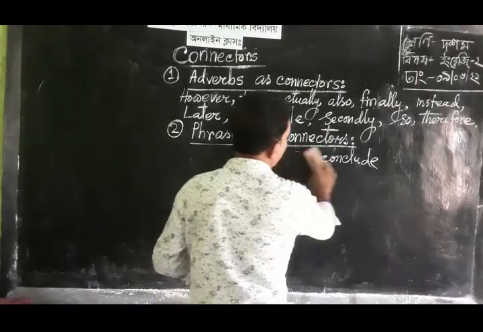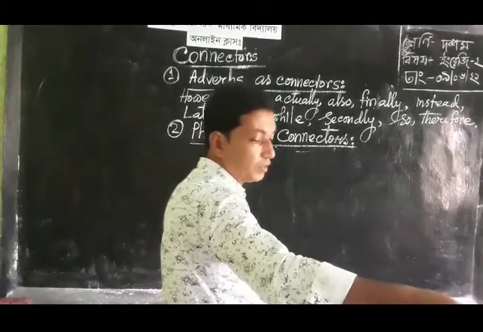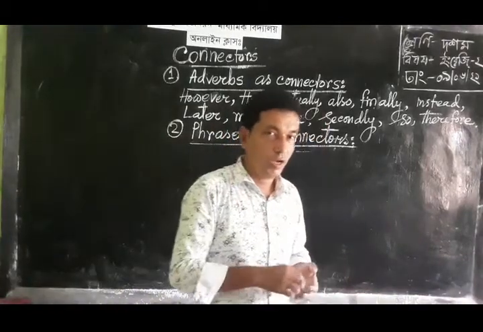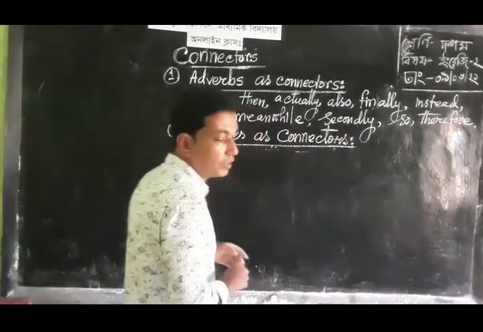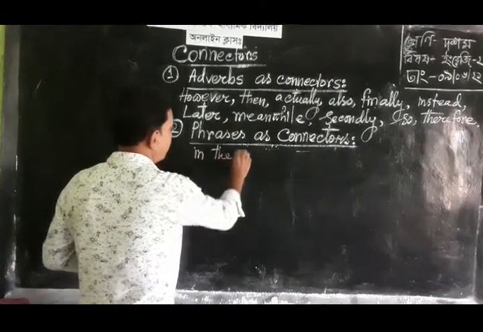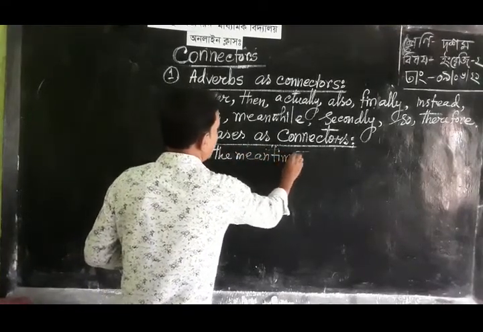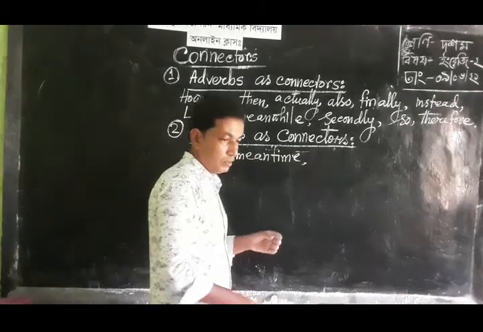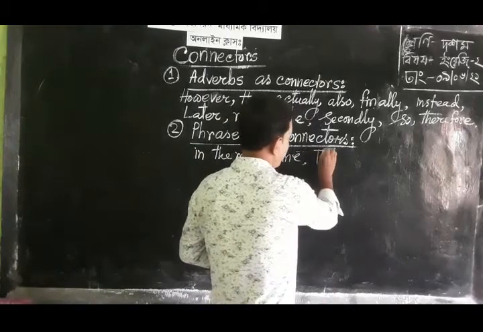I made a mistake here. It is also a phrase, but it is an infinitive phrase. I will go there next. And another phrase is, suppose, in the meantime. In the meantime is a phrase. And in fact, it is also a phrase.